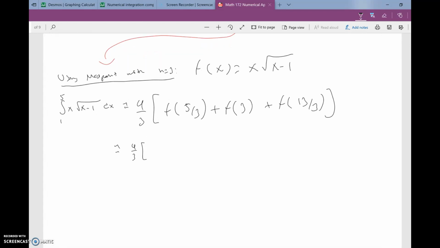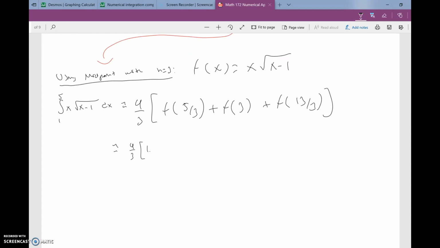Okay, to 4 decimal places, I'm looking at 1.3608, and then the next value would be for 3. So this is approximately plus 4.2426, plus the last one would be for 13/3, so 7.9115.